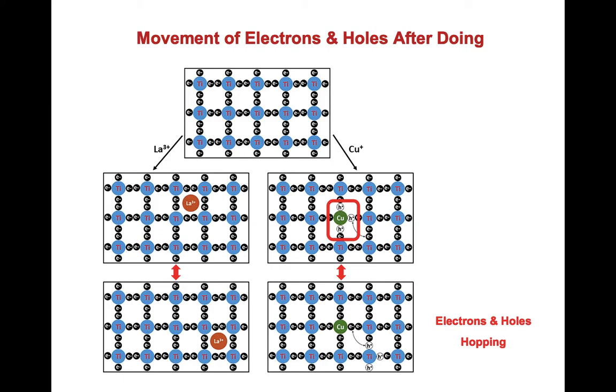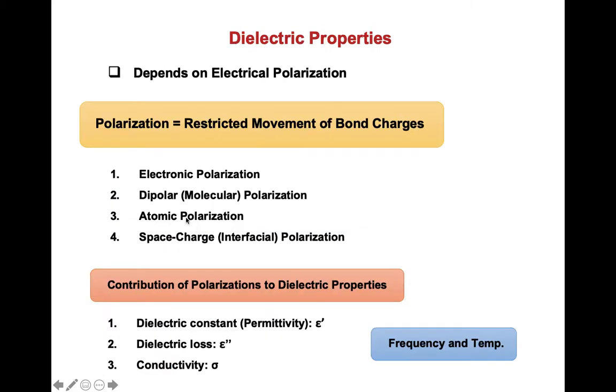There is a movement of electrons and holes in the titanium dioxide crystal after doping. There are free moving electrons and holes in the case of copper doping, but no holes in the case of lanthanum doping. The dielectric property of a material is related to different types of polarization being active in the system.